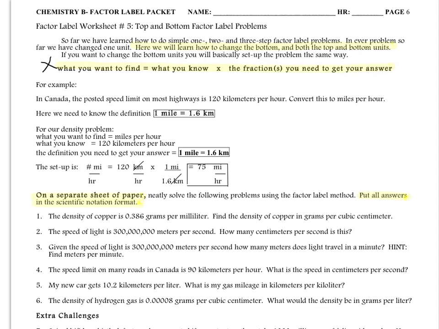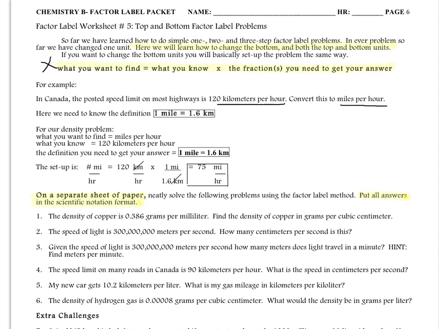Okay, so some of you may have been to Canada before and seen that they do not measure speed in miles per hour like we do here, but instead on their highways they post the speed limit as usually around 120 kilometers per hour.